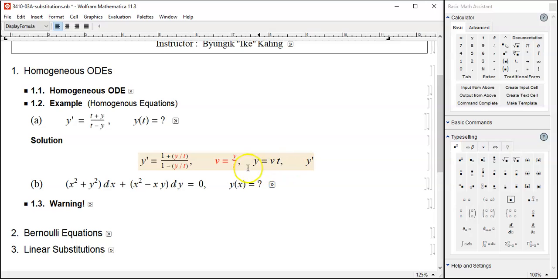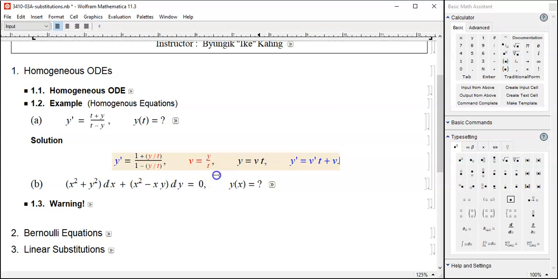So y prime is equal to, by product rule, derivative of the first function times the second function plus first function times the derivative of the second function, but that's times 1, so I don't have to write times 1. There you go. And let me highlight this part in blue so that I can put it in right here. Make sense?